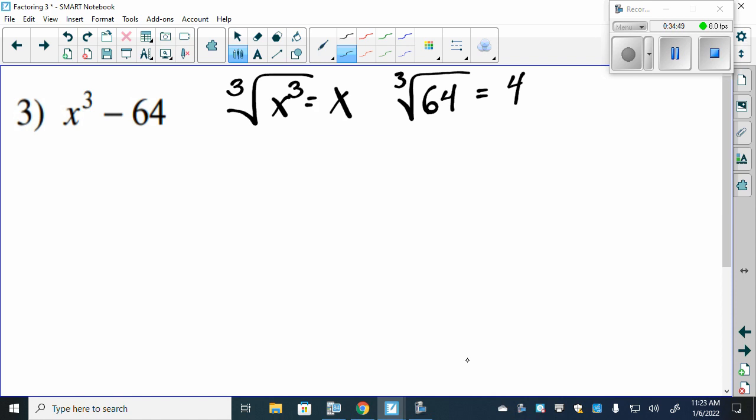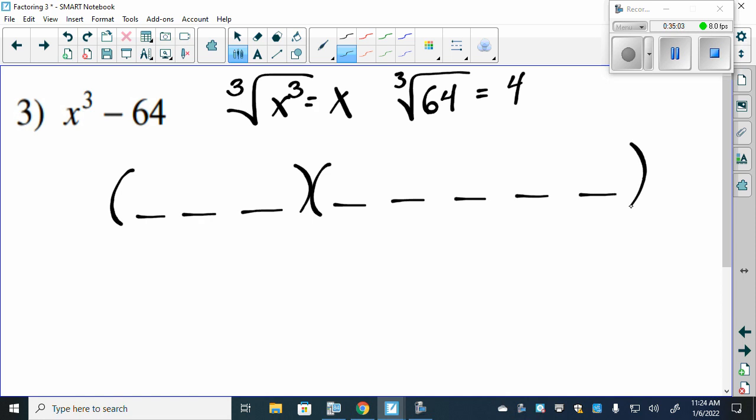So this tells us that both of these are perfect cubes. So that means we have the difference of perfect cubes, and we can set up the tractor trailer. So the first one's going to have 3 spots and the second's going to have 5.